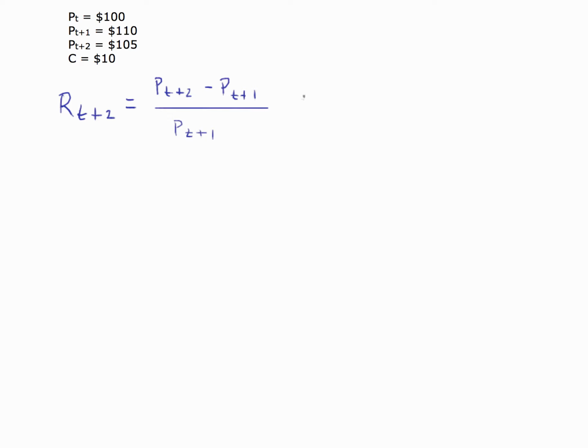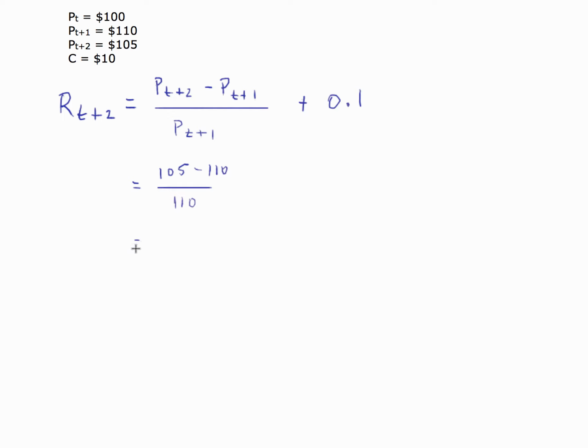And that's what we're going to have here. The other part of the return, of course, is the current yield, which we have already calculated to be 0.1. For the gain, the price in T plus 2 is now 105. We subtract out the price in T plus 1, which was 110, divide by the price in T plus 1, again, which was 110.